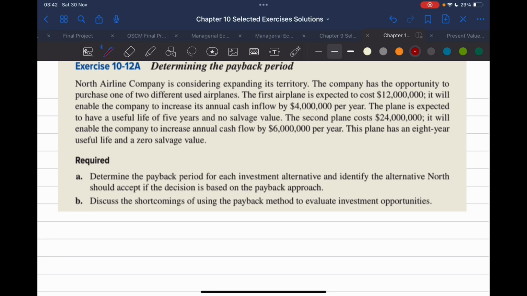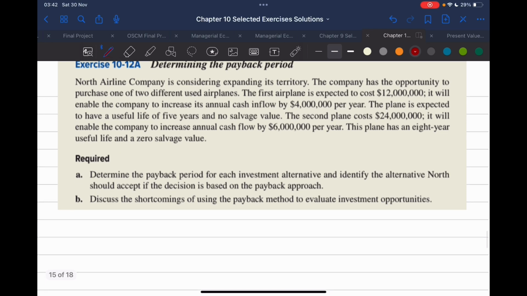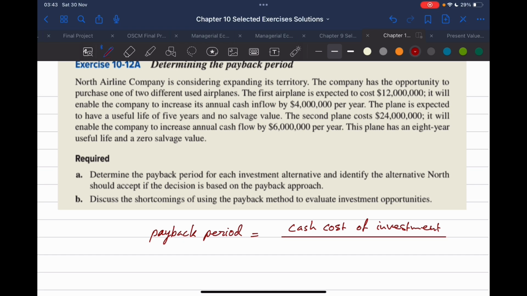First, I'm going to remind you of the formula that we use, which is the payback period equals the cash cost of the investment divided by the annual cash flow generated by that investment.